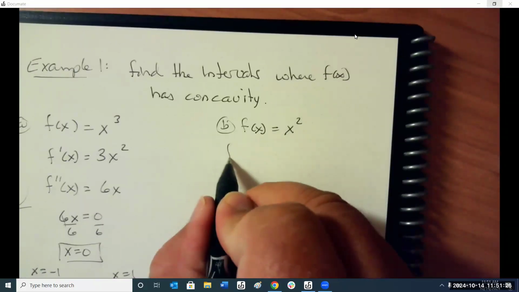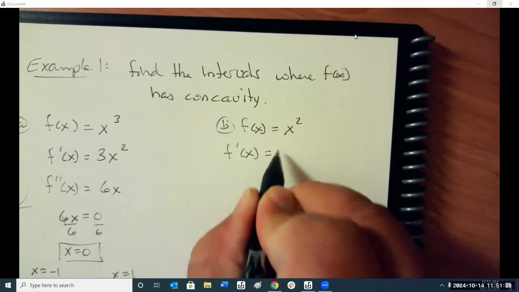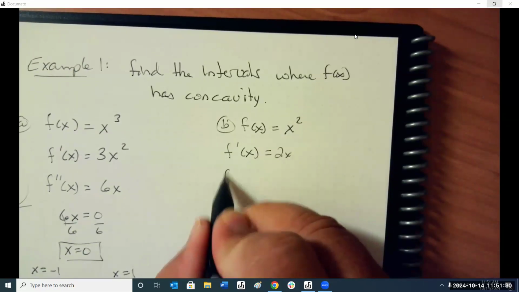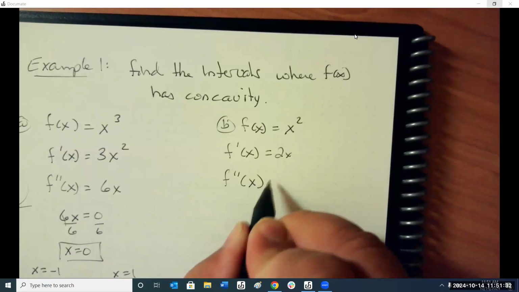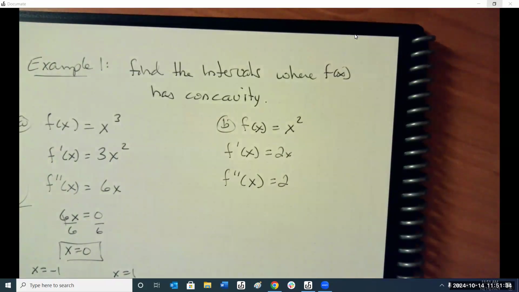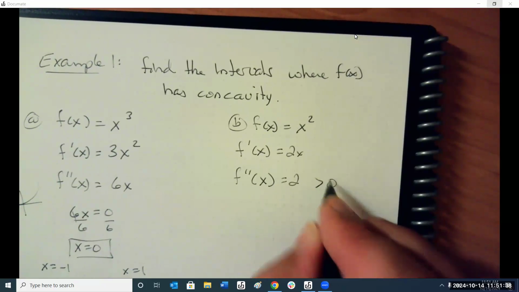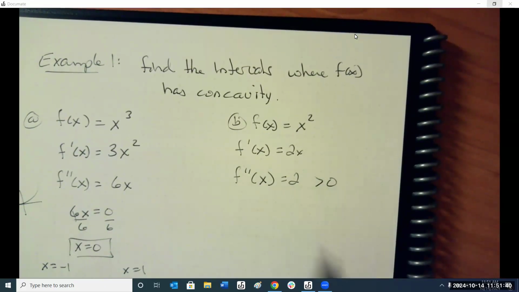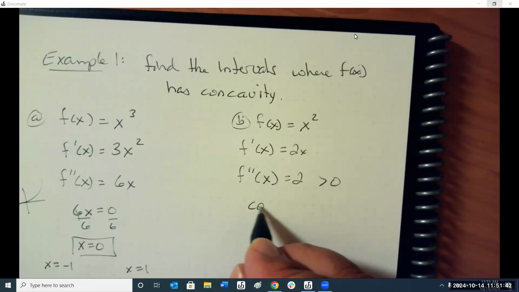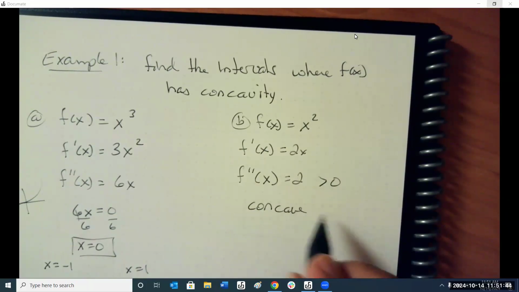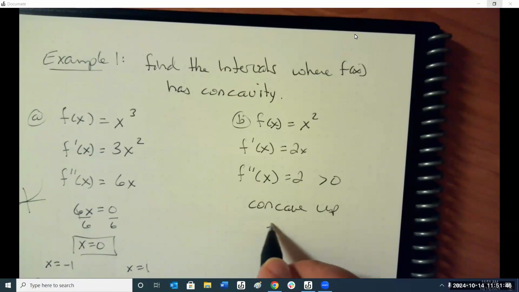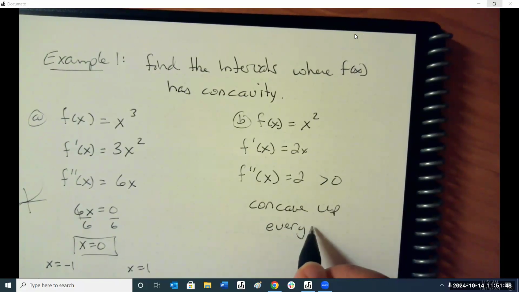Let's look at this one. First derivative is 2x. Second derivative is 2. Second derivative is positive for every x. Therefore, it's concave up everywhere.